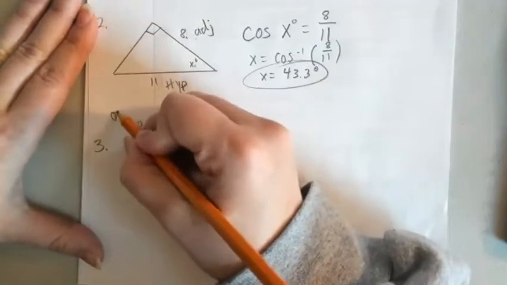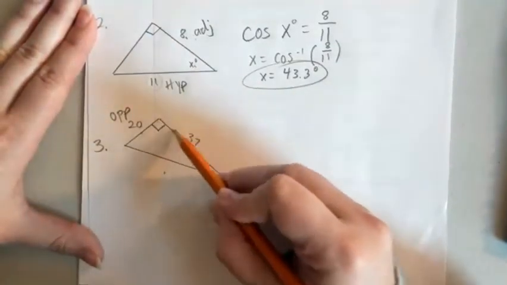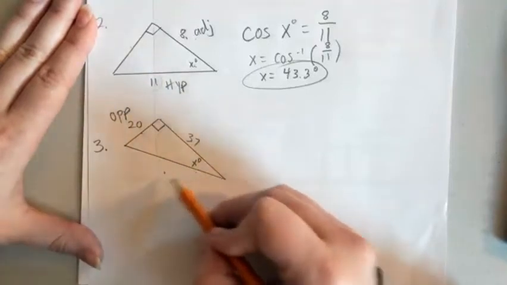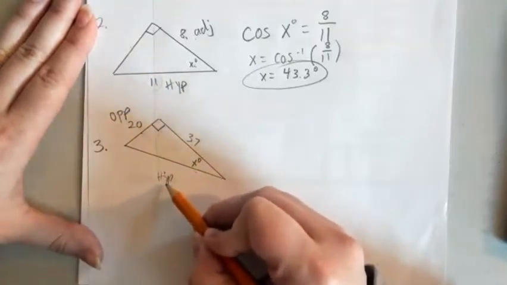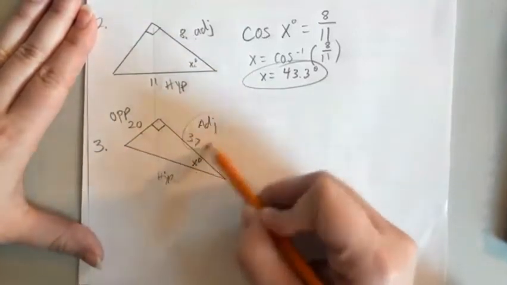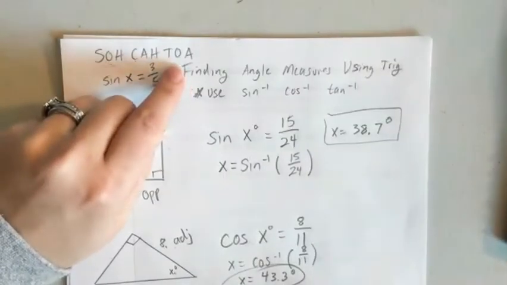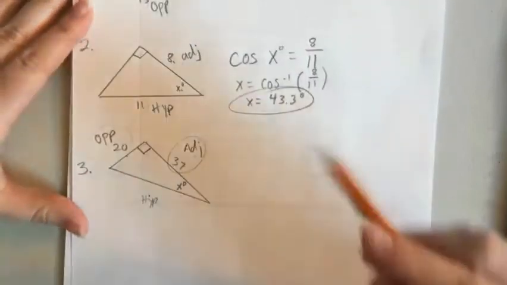Well, 20 would be my opposite side. 37 is the side I can reach out and touch, because this was my hypotenuse, which I don't know. This would be my adjacent side. So I have opposite and adjacent that I'm using here. What do opposite and adjacent make for SOHCAHTOA? Opposite and adjacent would be tangent.